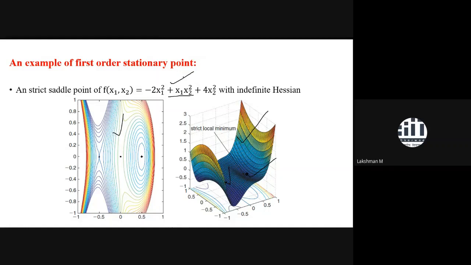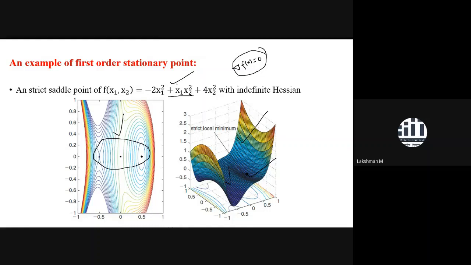So for this example, you are getting all three kinds of first order stationary points by solving the equation gradient of f equal to 0. If you solve it, you will get all three different kinds of first order stationary points with respect to this function.